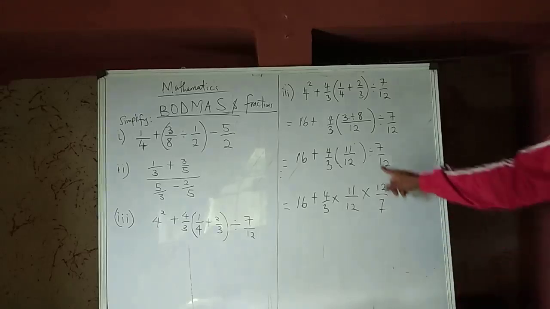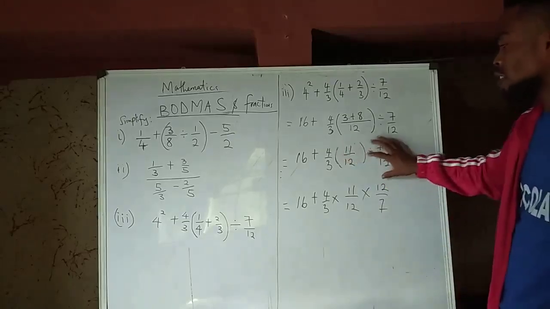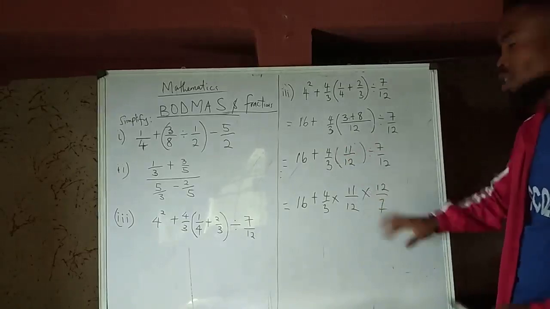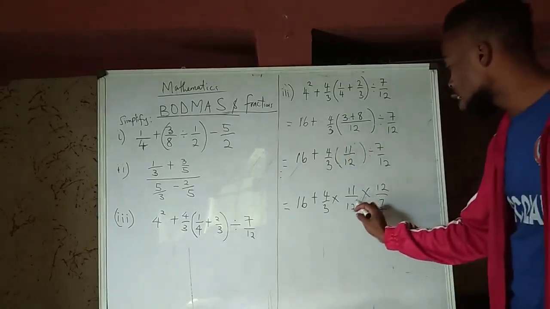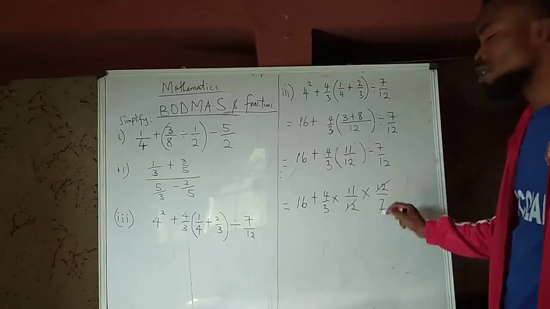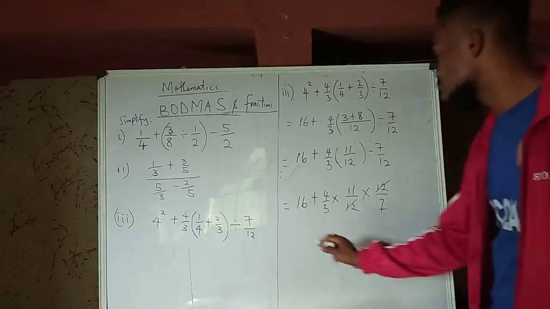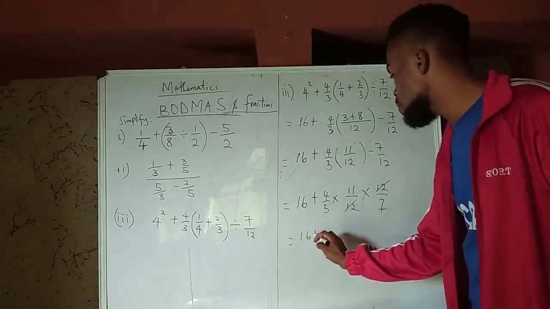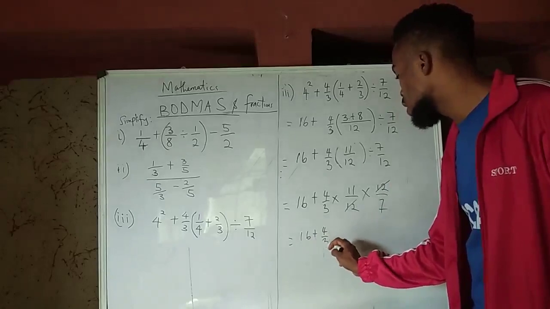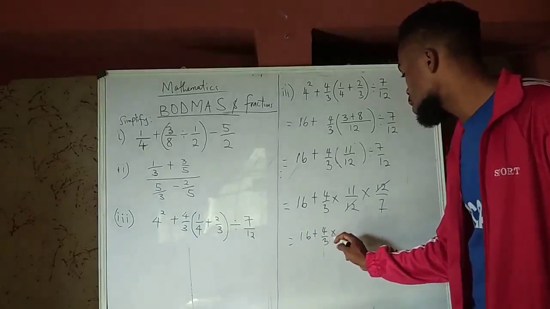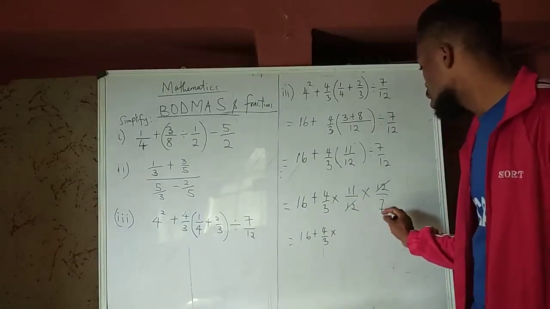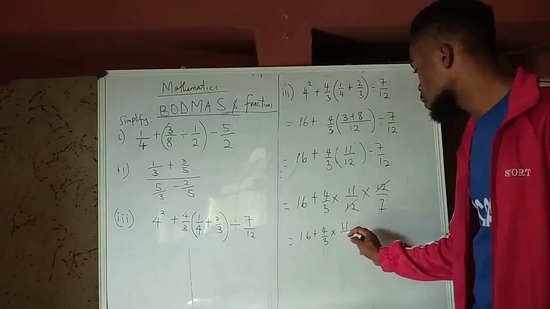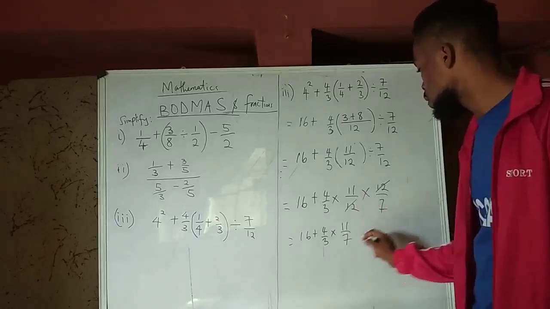Are you seeing that? I've done the division after the bracket. Since I have 12 here and 12 here, they will cancel out, so I'll be left with 16 plus 4 over 3 times 11 over 7.